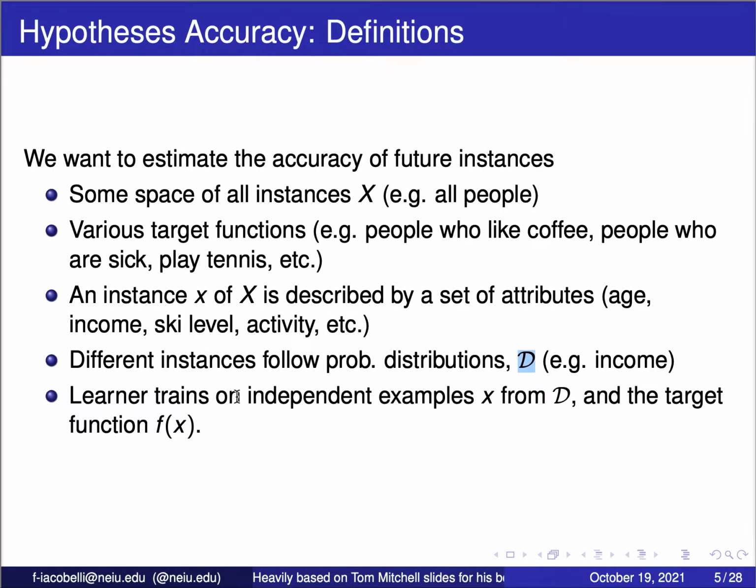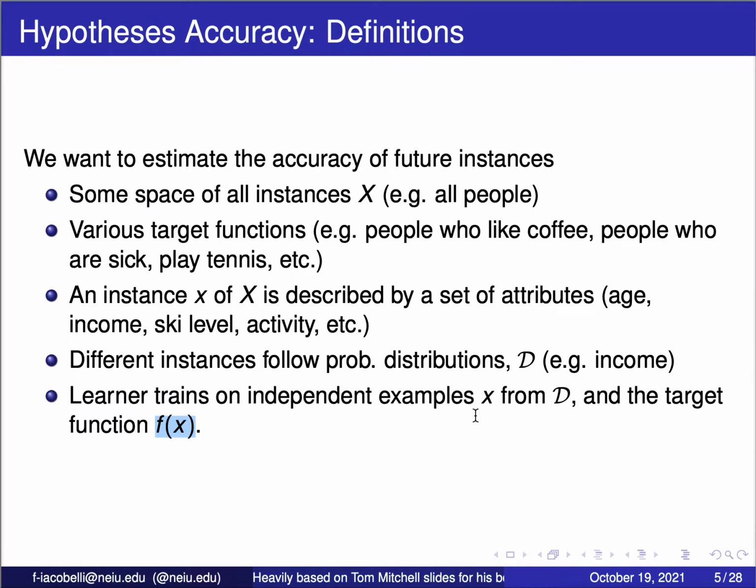The idea, what I want, is to train a learner on independent examples, independent instances that I've collected from the real world, basically from this distribution, and with a target function. So basically with a class that has been assigned accurately by something or someone in the past, right?